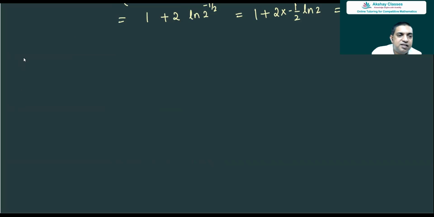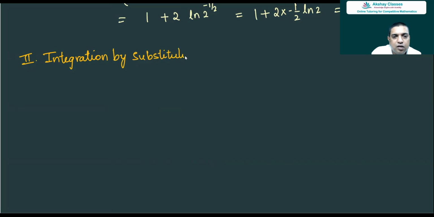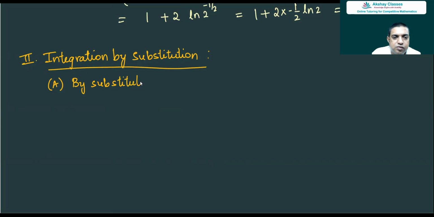Now, next type is integration by substitution, but we need to be very careful. How do we substitute? So, two things that we need to pay attention to. By substitution, the limits of the integral change.